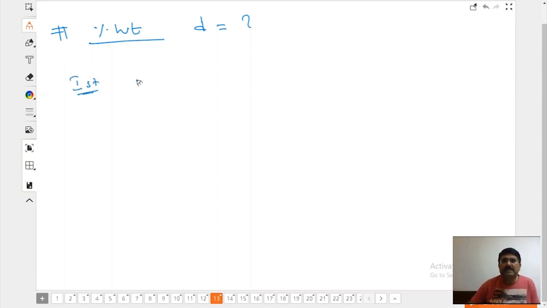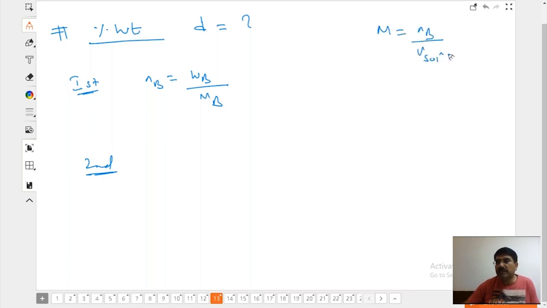First step, percentage by weight. That means I have given you certain percentage of solute. That is WB I have provided. WB by MB, you will calculate this. Then beta, second step. What is molarity? It is NB by volume of solution in liters. You will use this relationship.